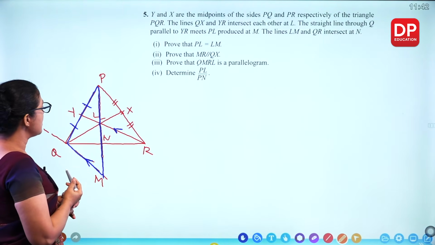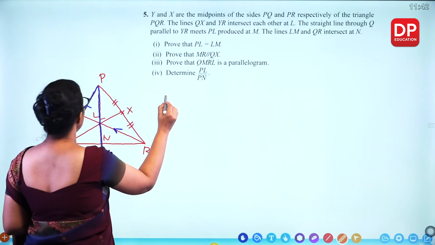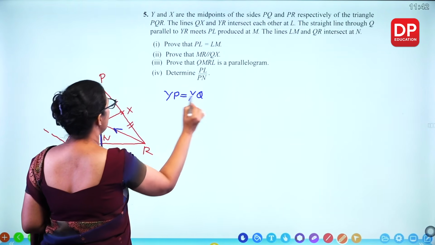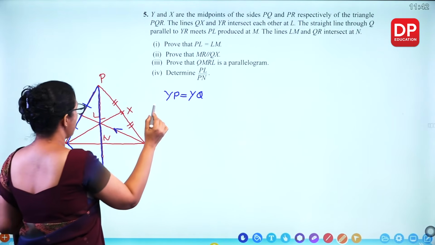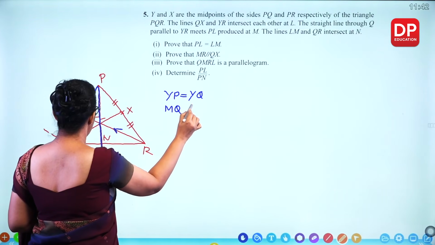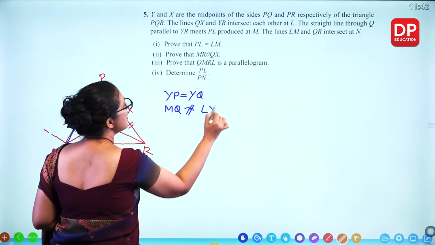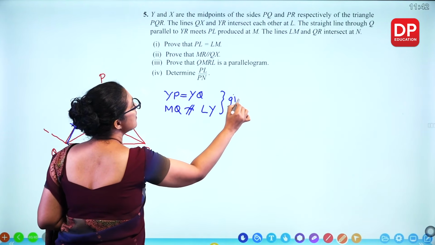So straight away we can write down YP equals YQ, that's given, and MQ is parallel to LY, both given.